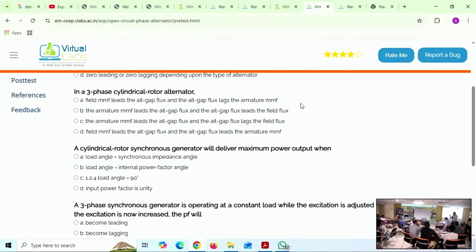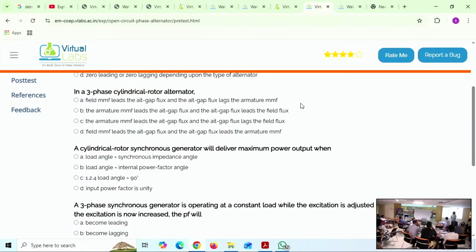Now with this statement, can you guess? Rotor MMF is rotating, and stator MMF is trying to align with it. If not aligned, torque tries to synchronize these two fields. In that case, who leads and who lags? Rotor field MMF leads.